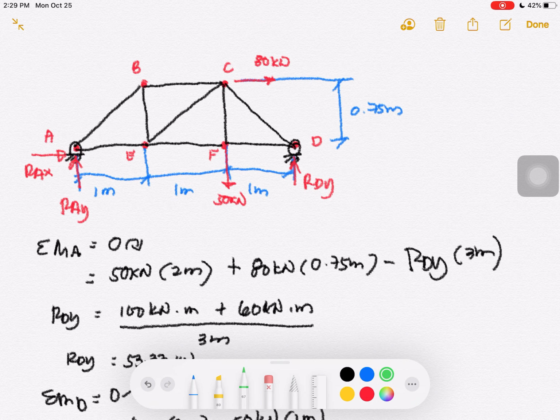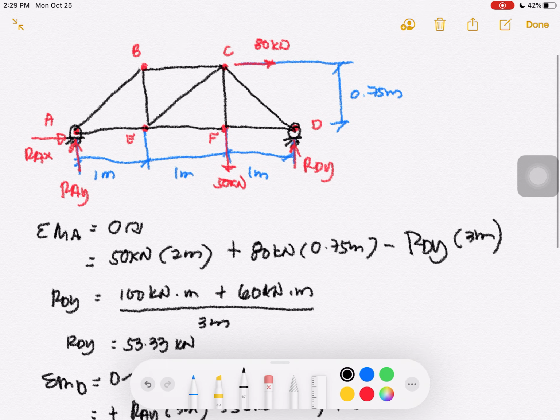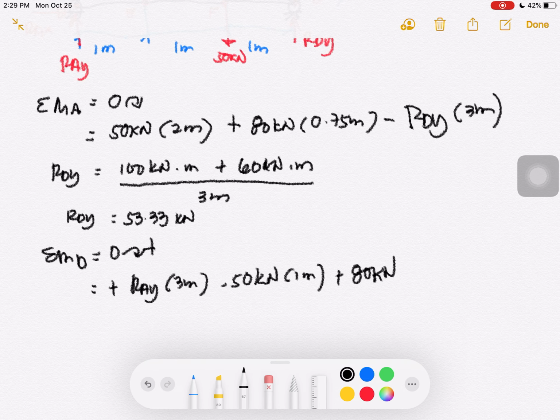Next one is positive 80 kilonewton and 0.75 meters.